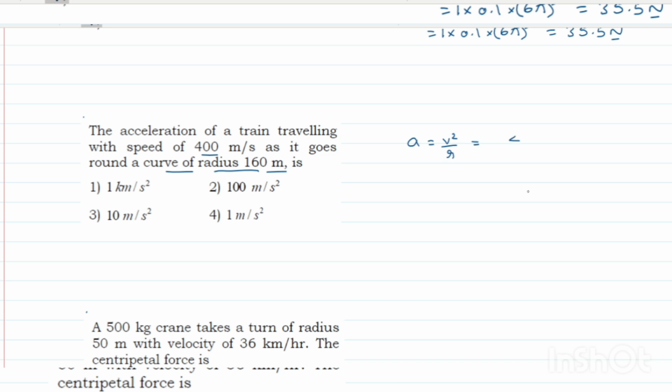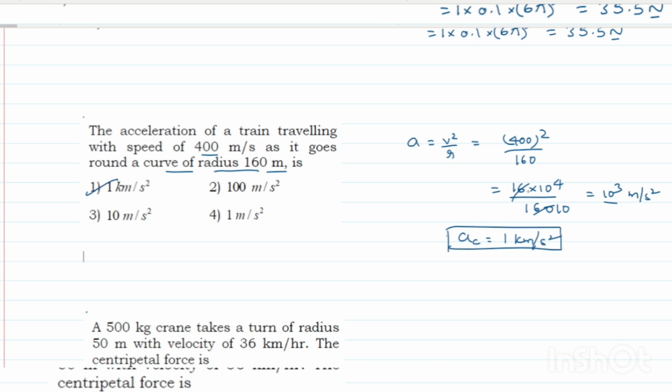The speed is 400 whole square by the radius of curvature, 160. Simplifying, 16 into 10 power 4 by 160 gives 10 power 3. So acceleration is 10 power 3 meter per second square, which you can write as 1 kilometer per second square.